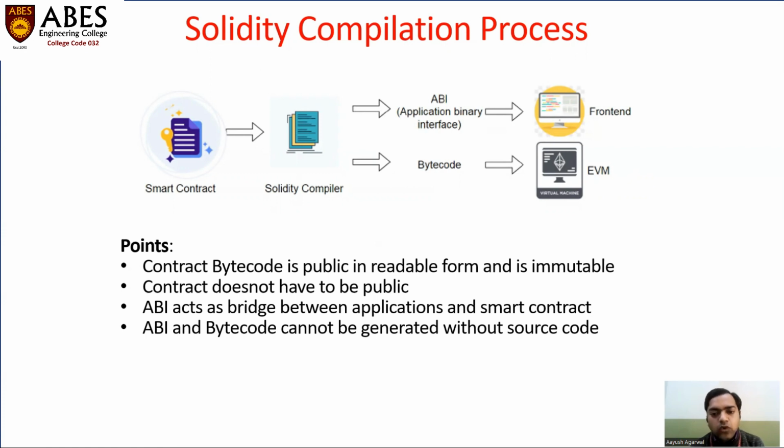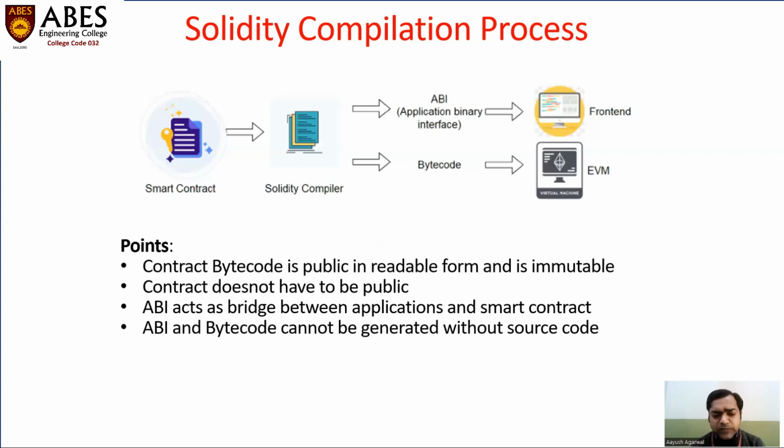Bytecode is the actual component that will be deployed on the Ethereum virtual machine, right? We will not deploy the complete smart contract on the EVM. We'll only deploy the bytecode on the EVM, right? And another thing, we have the ABI, Application Binary Interface.